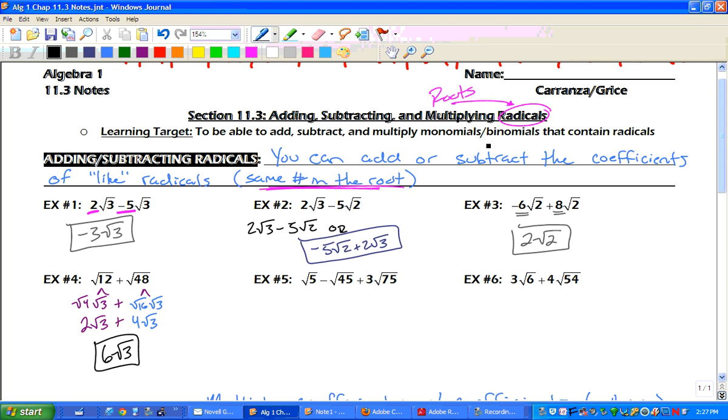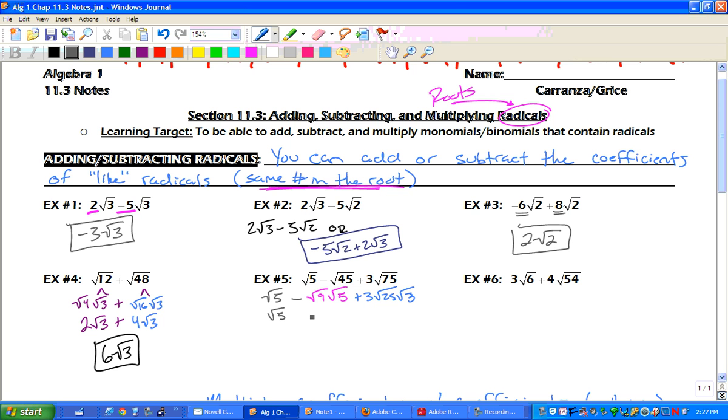All right, example number 5. Can we break any of these down? And the answer is yes, okay? We can break down the negative 45 and we can break down the 75. So, I'm just going to write the square root of 5 because nothing changed from that. 45 breaks down to 9 and 5 plus 3, and it goes to 25 and 3.